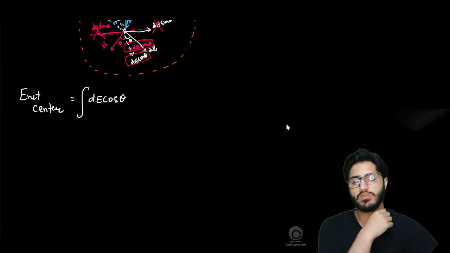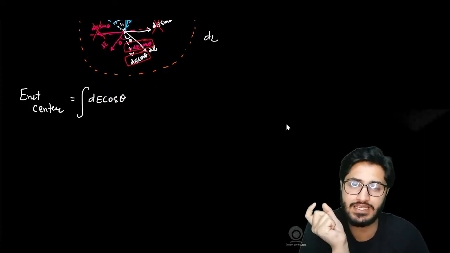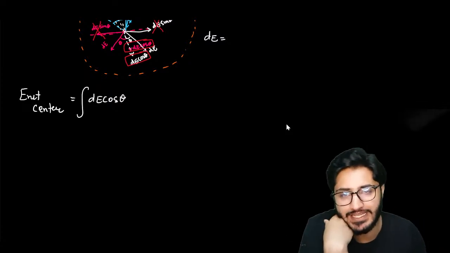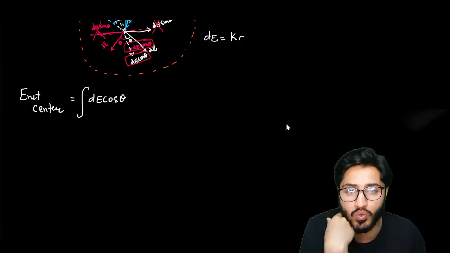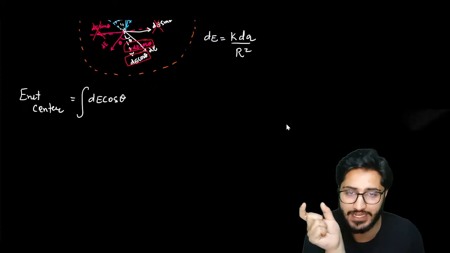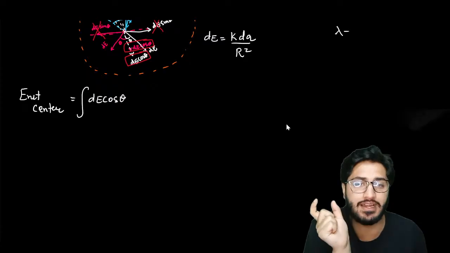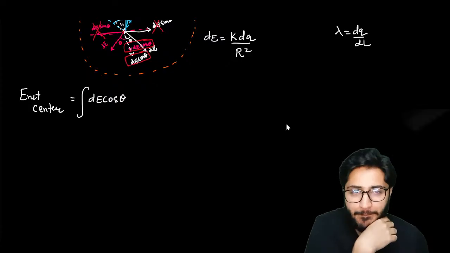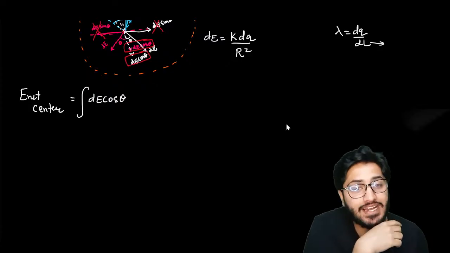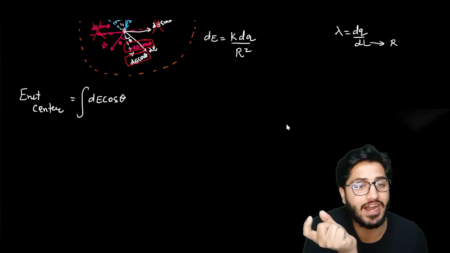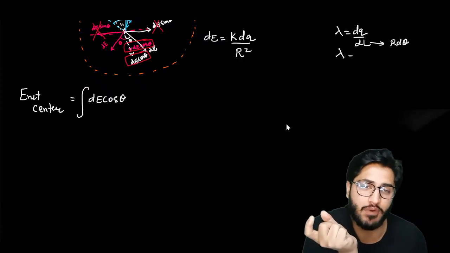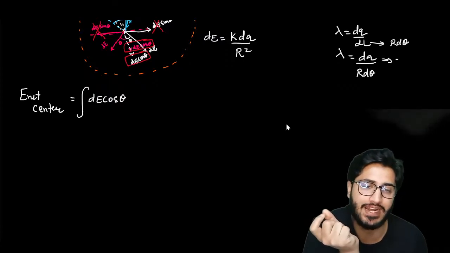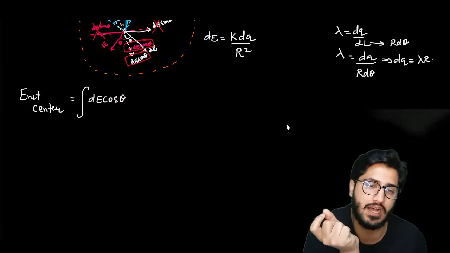Now look, what is dE? We know that dE would be k dq by r square. But one thing we know is that lambda equals dq by the length dl. What is dl? It is arc length, so we can replace dl with r d theta. So lambda is dq divided by r d theta, therefore dq is lambda r d theta.